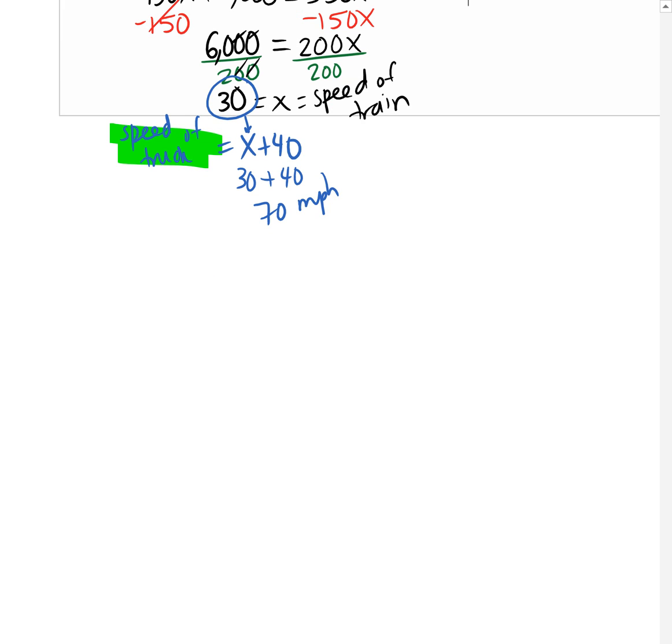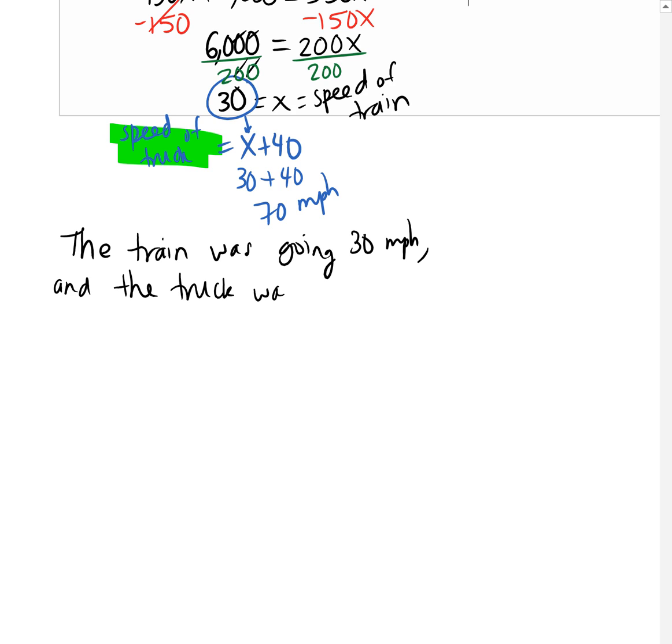It's probably good to sum that up. The train was going 30 miles per hour, and the truck was going 70 miles per hour. Alright.